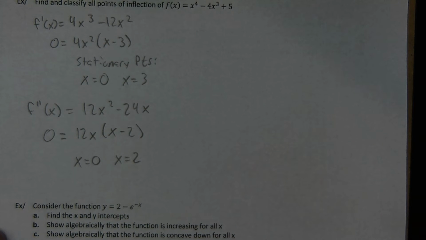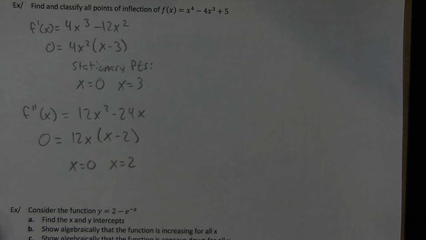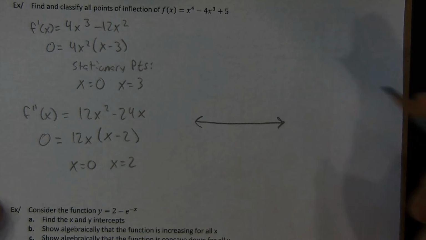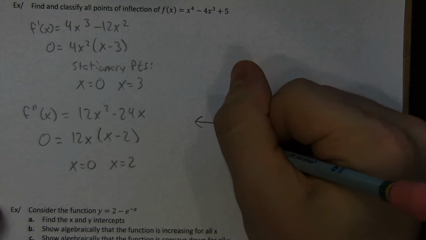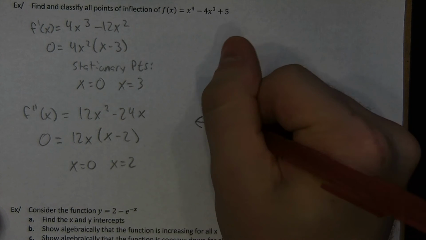All right, I'm going to draw a sign diagram for the second derivative. And let's see what's going on. Let's plug in a negative number. That's going to be negative when I plug in a negative number, and so was that. And when you multiply two negatives, you get a positive.